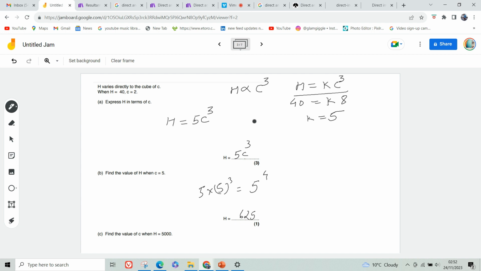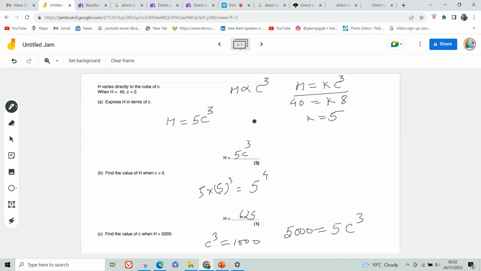Alright, now next find the value of c when h is 5000. Simply you again sub the value of h as 5000 equals 5c cubed. Now rearranging the equation, c cubed equals 1000. Now remember, this is c cubed equals 1000. So if you want to find out c, you need to take the cube root.